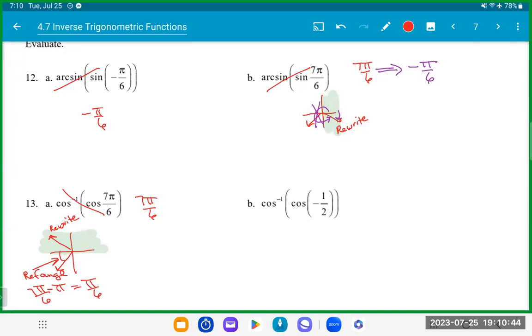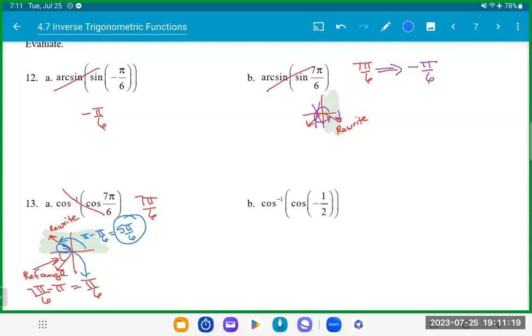If that reference angle is pi over 6, then this reference angle is also pi over 6. If that is pi over 6, then this is pi minus pi over 6, or 5 pi over 6. And that would be our solution. Okay. So it's all about manipulating it so that we're not breaking the rules of inverse.